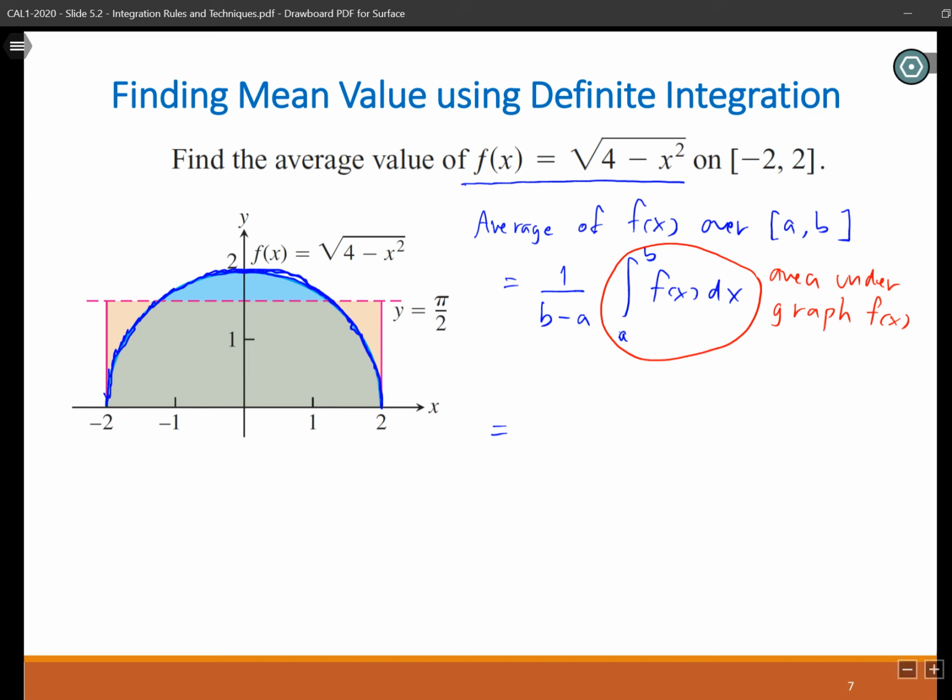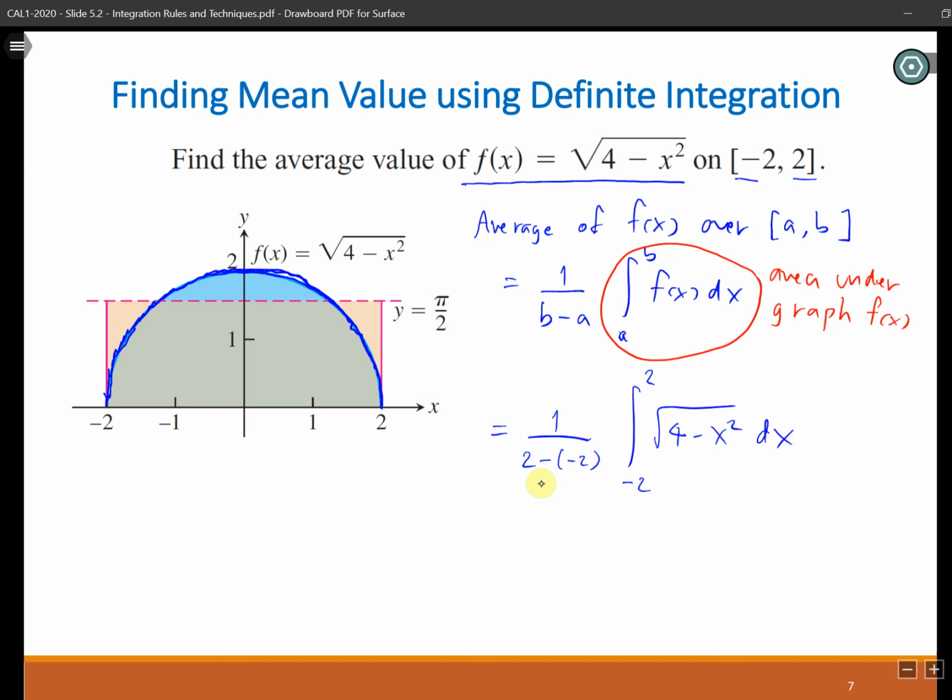So we know that a right here is minus 2 and b is 2. Now we can perform the integration from minus 2 to 2 of the square root of 4 minus x squared with respect to dx.